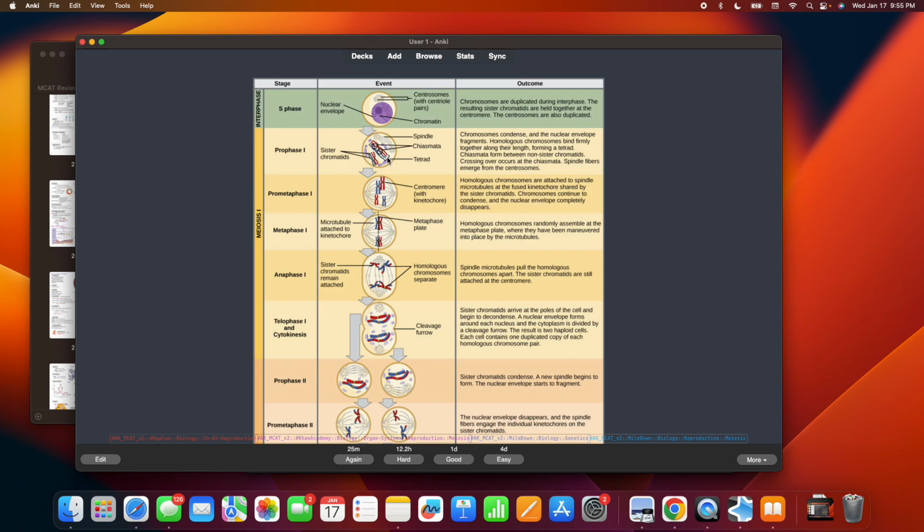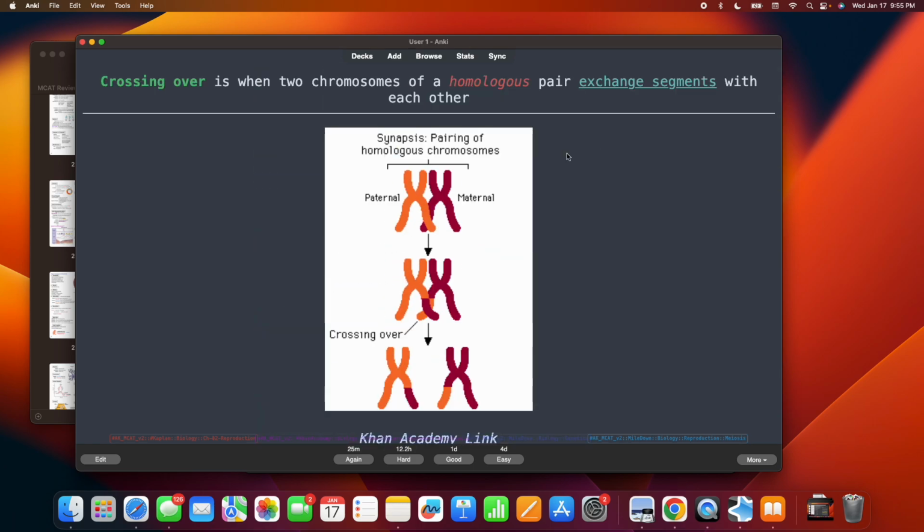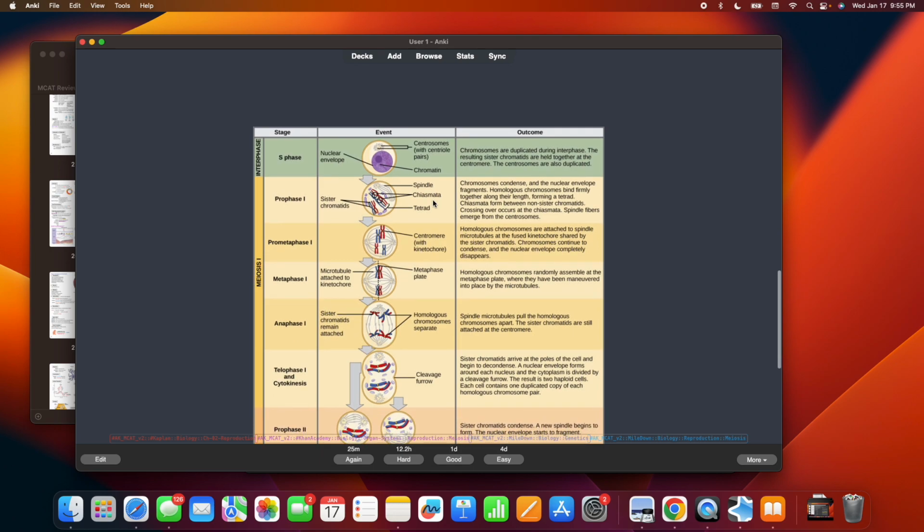What is this binding of the homologous chromosomes called? Crossing over? The synapsis is the pairing. So the pairing, the binding, is synapsis, forming a tetrad. Chiasmata form between non-sister chromatids.